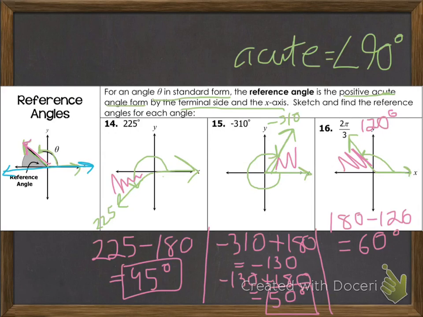And then now, since our original problem was in radians, we want to put it back in radians. So we got 60 degrees, and then you're going to take the 60 and multiply it by pi over 180. And when you do that, you end up getting your final answer of pi over 3. And pi over 3 is your positive reference angle.